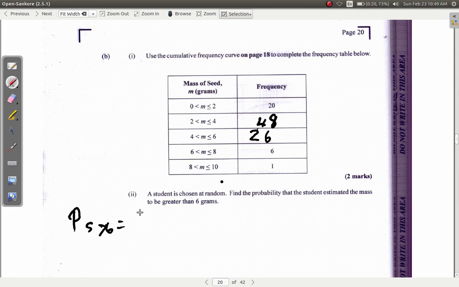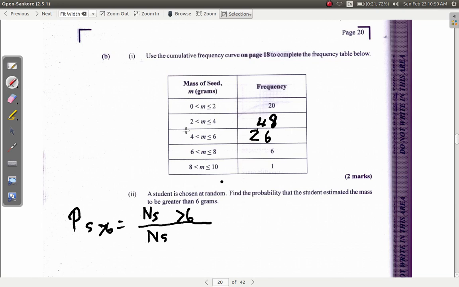Now, remember the definition of probability as it would apply here. It would be the number of students who estimated the mass to be greater than 6 grams divided by the total number of students.